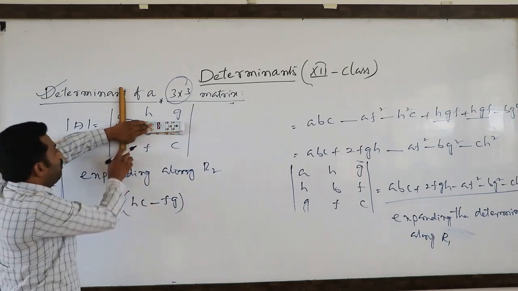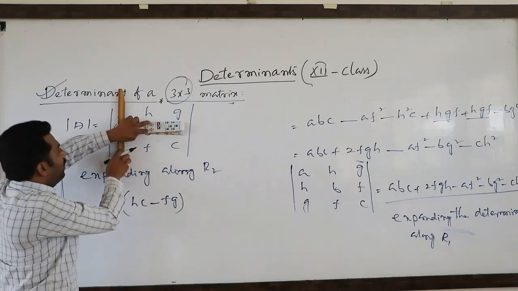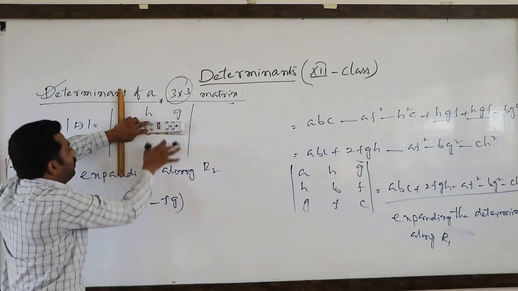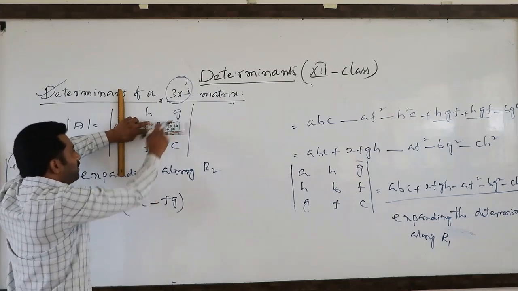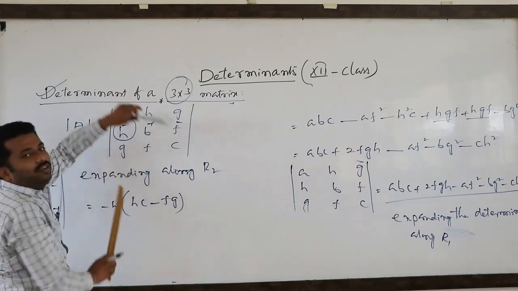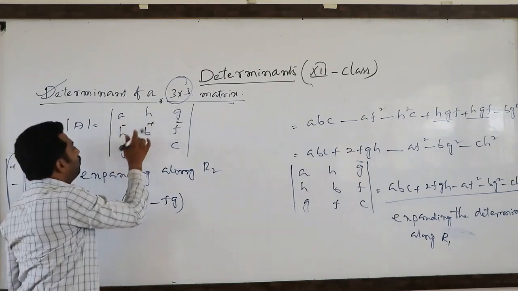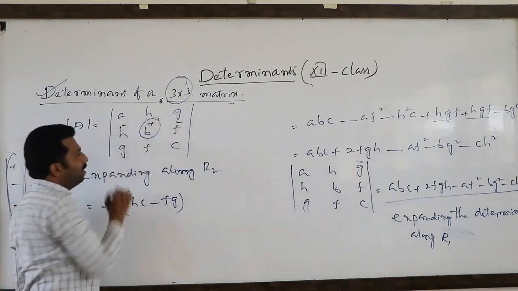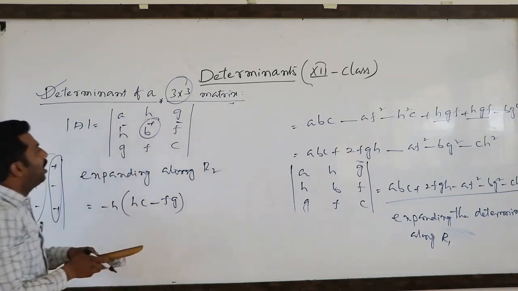So now, minus h we chose, the corresponding row we closed, the corresponding column we closed, then we are left with 4 elements. First diagonal HC minus the second diagonal product of the elements. Now the first element is over. Now we have to choose the second element in the same row. For the second element, again the corresponding row and corresponding column.